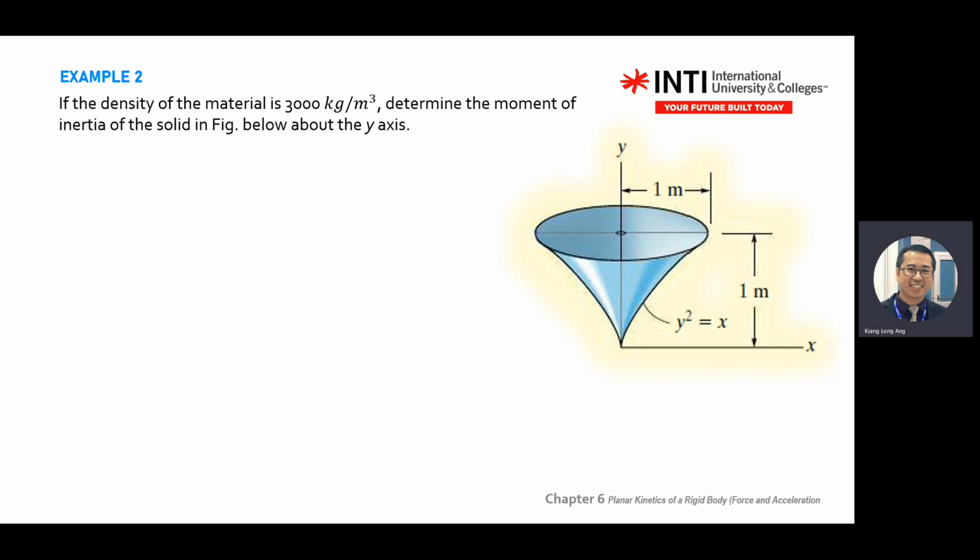What is the second moment of inertia? Integrate r squared rho dv. How do you get the volume of this shape?